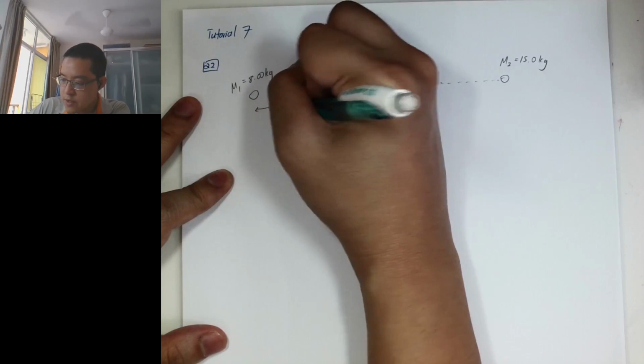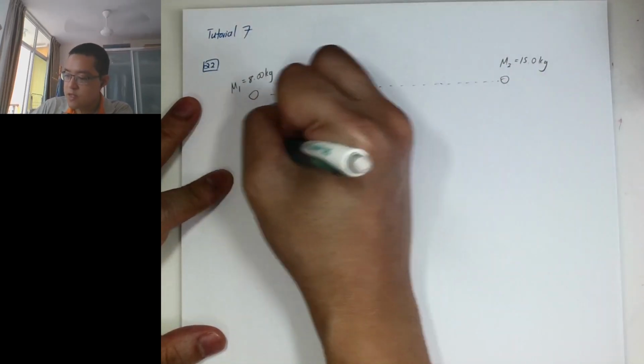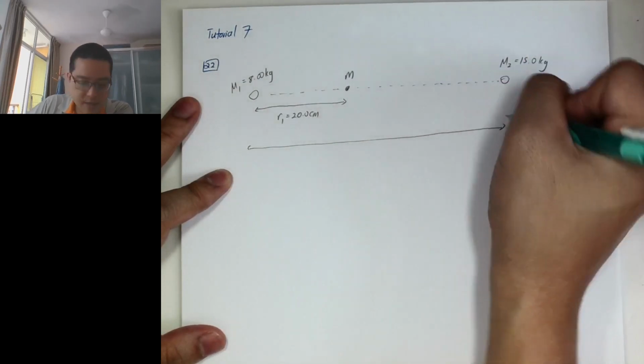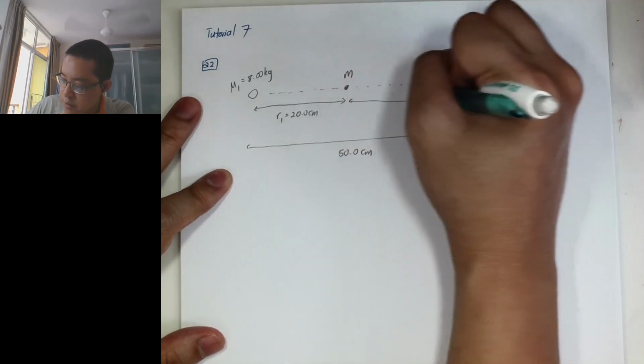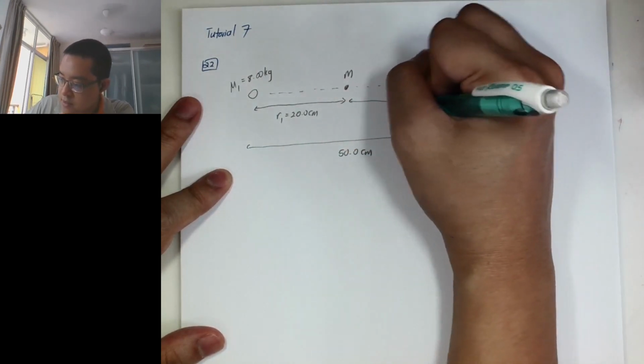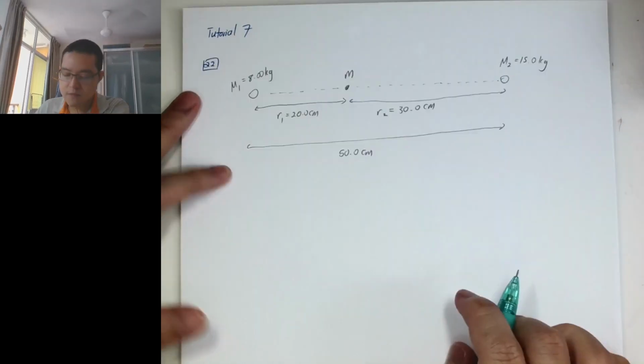So r1 is 20 cm from this mass, and the total distance from here to here is given as 50 cm. So obviously this is 30 cm. This is r2.